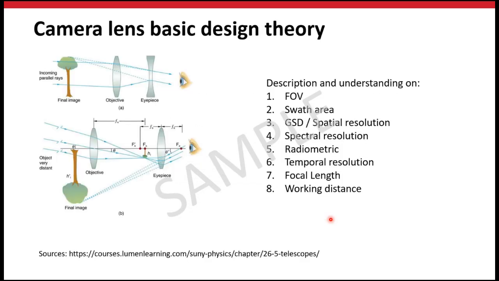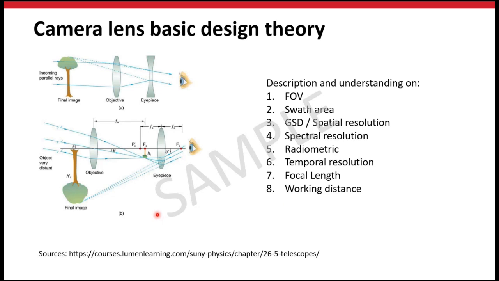All right. So you also need to present the lens basic design theory. As you can see, this is just an example to show your understanding of that lens theory.